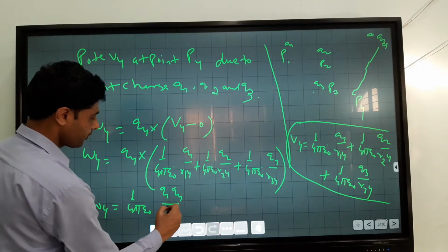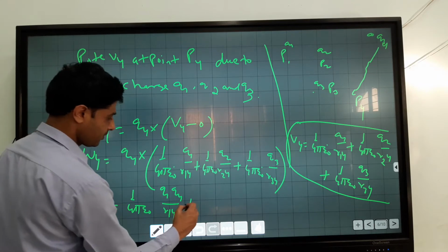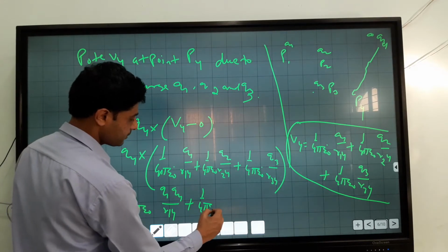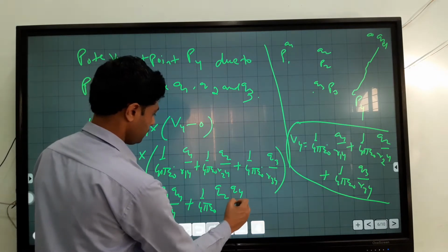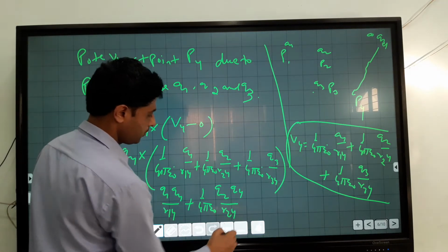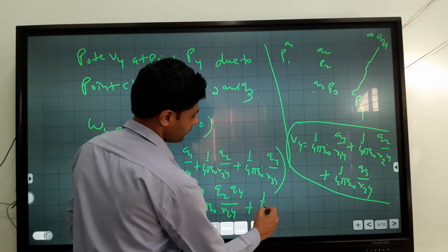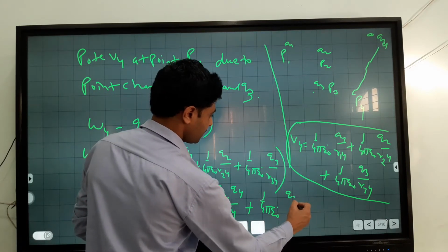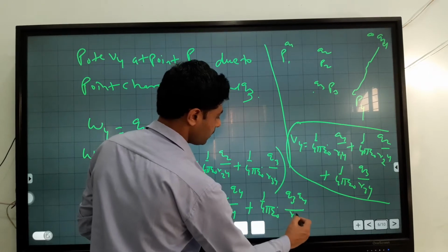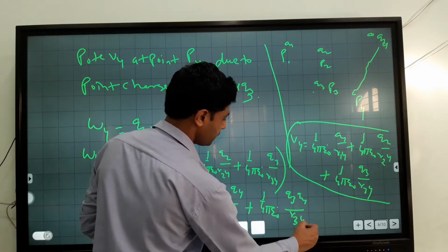Now the total work done W4 equals 1/4 pi epsilon naught Q1 Q4 upon R14, plus 1/4 pi epsilon naught Q2 Q4 upon R24, plus 1/4 pi epsilon naught Q3 Q4 upon R34.